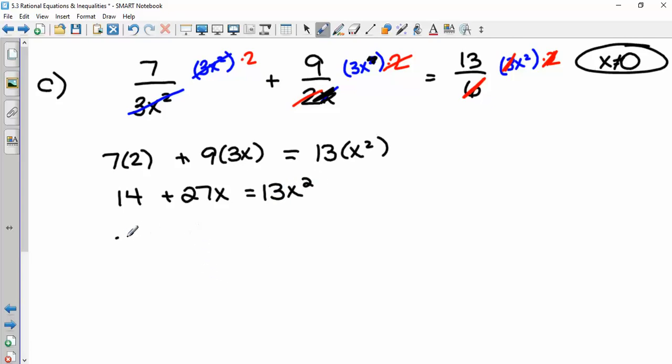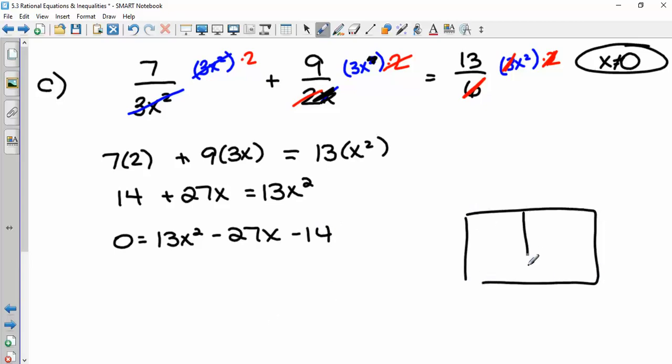If it's a quadratic, we have to set it equal to 0. So subtract over the 27x and the 14. Yuck. There's a do box method here.